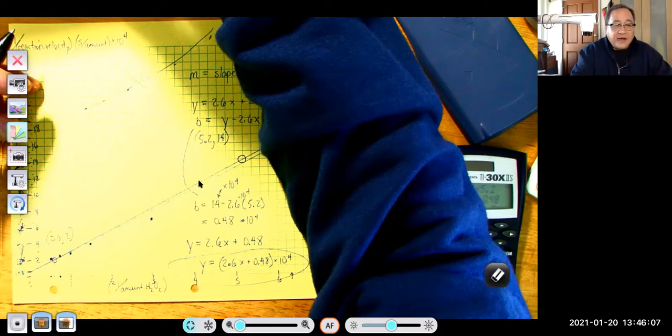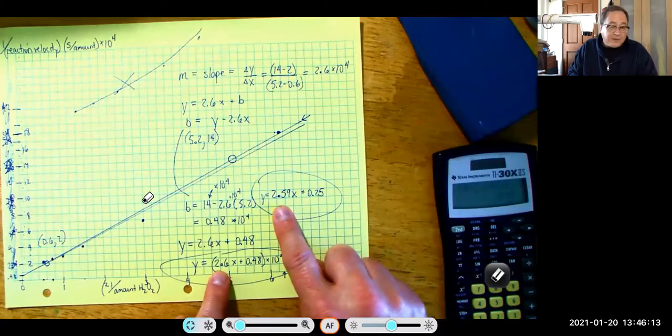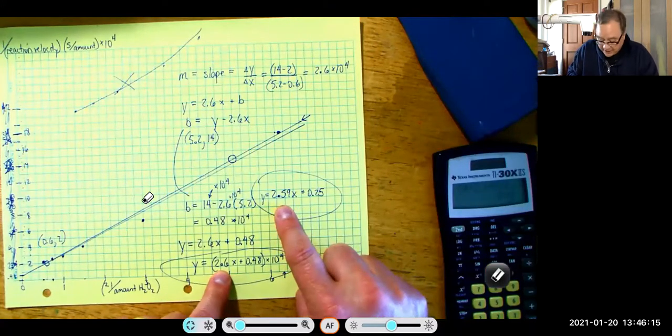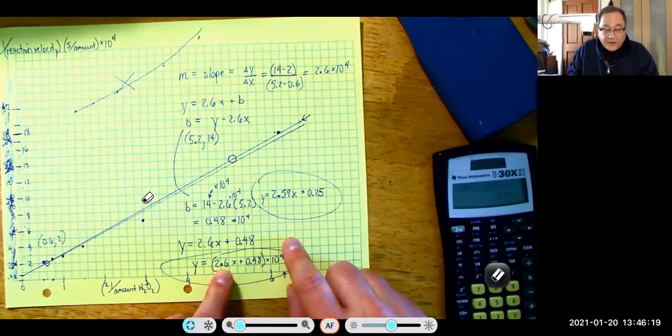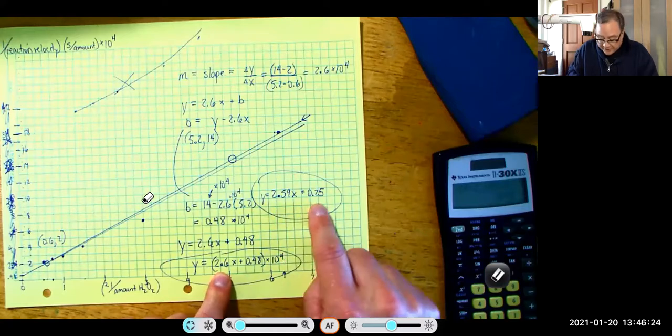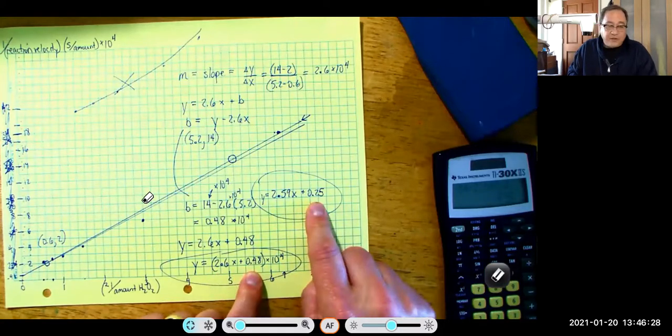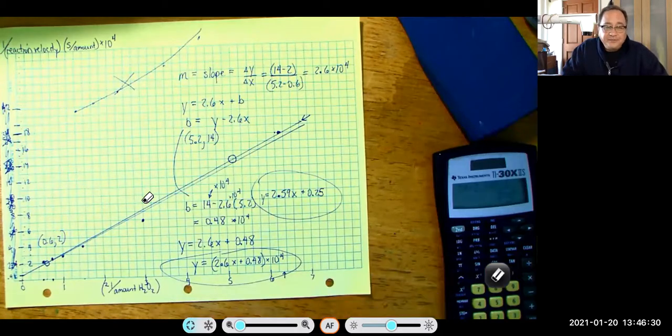And now I'm going to go back to this screen. So this is what I got on the internet. And when I compare these two equations, 2.6 compared to 2.59, really close. The first time I did it in the answer key, I have a 2.4 here, but they're still pretty darn close. And in the answer key, I think I have 1.0 here. And on the internet, they have like 0.25, pretty darn close.